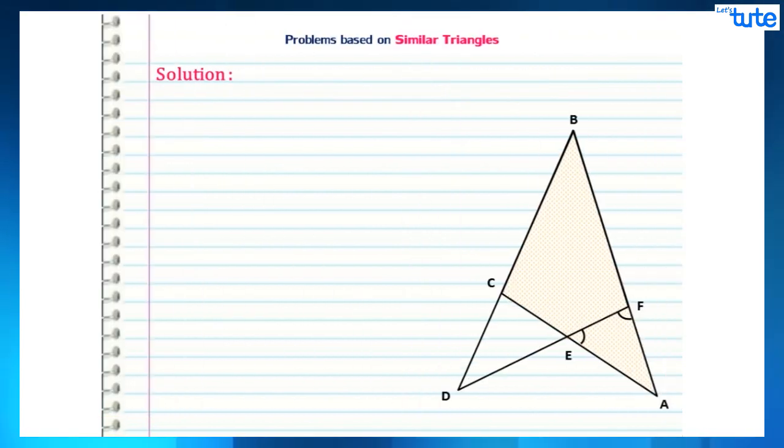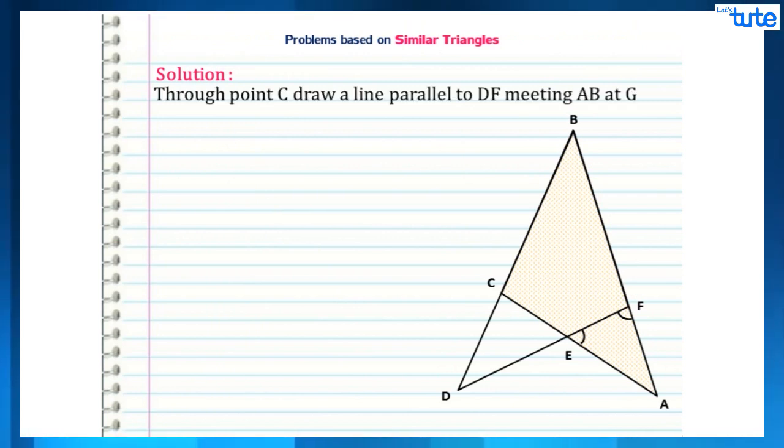So, before starting to solve this problem, we first construct a line through point C parallel to DF and meeting side AB at point G. Therefore, CG is parallel to DF. Now, we'll consider triangle AEF.